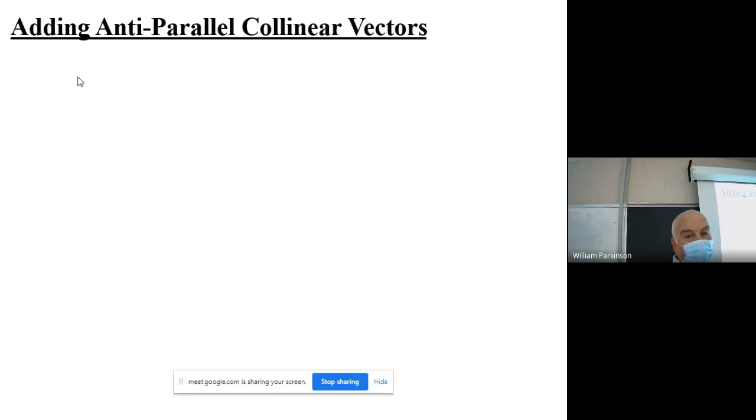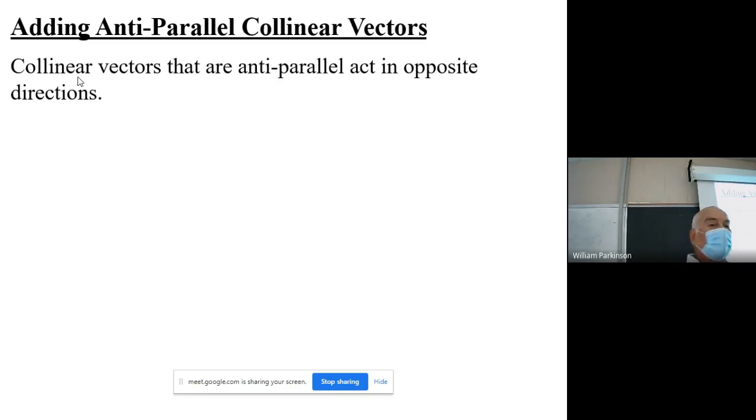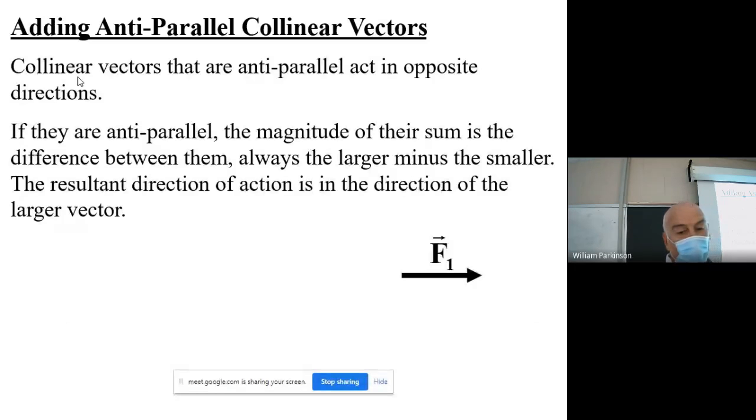I don't think that is very difficult for us to interpret. Okay, now, what if they are anti-parallel vectors? Anti-parallel vectors act in opposite directions, and then quite simply, instead of combining them, well, you still technically would combine them tip to tail. You still would do something of that type, but now I'm taking the difference between them.